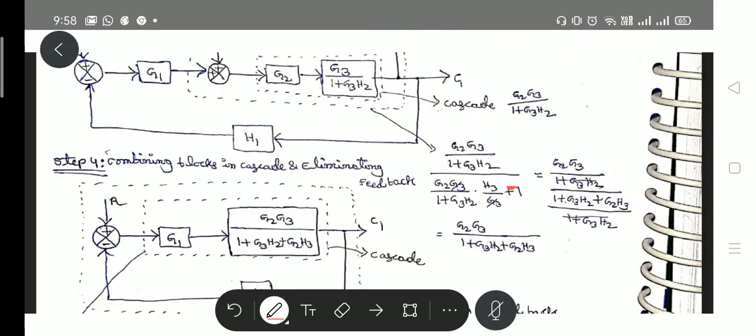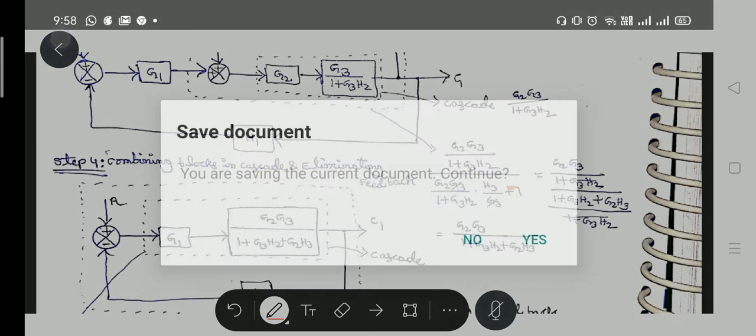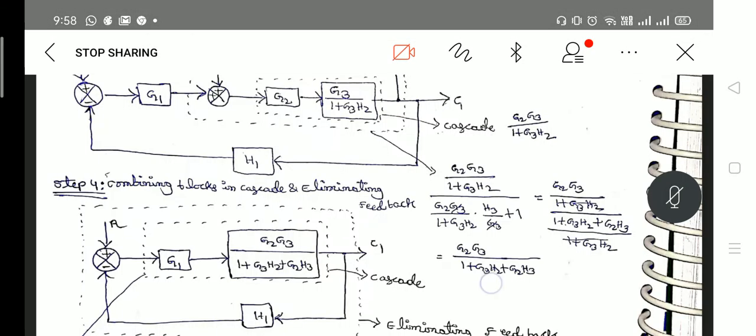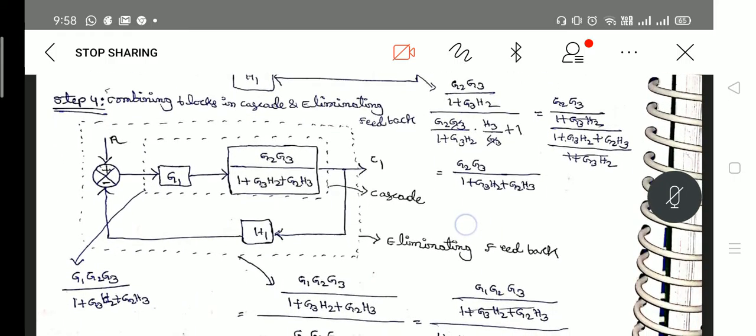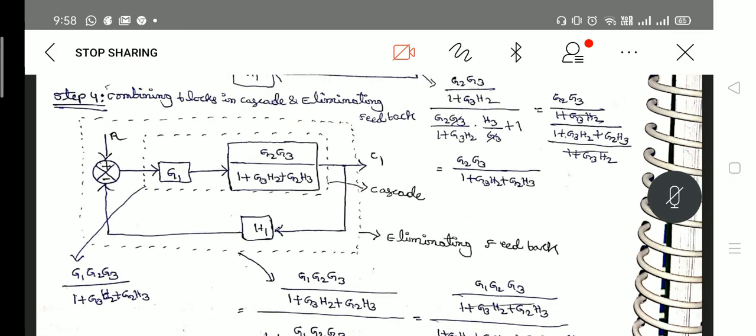Here it is a positive feedback, so minus, we will get 1 minus GH. Okay. After simplifying this one, we will get G2 G3 over 1 plus G3 H2 minus G2 H3.